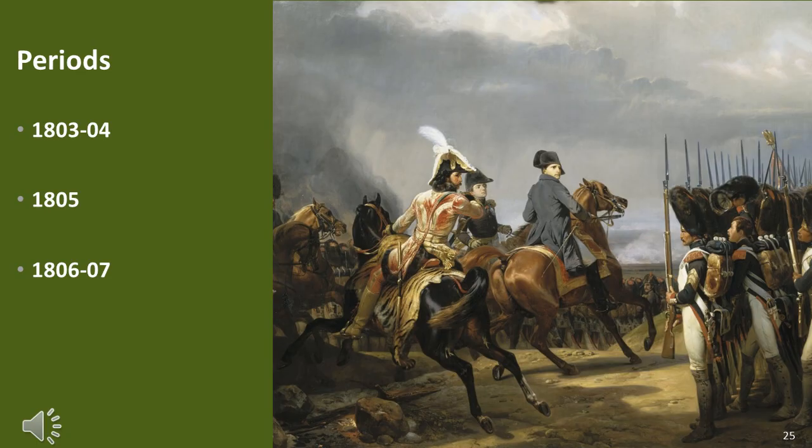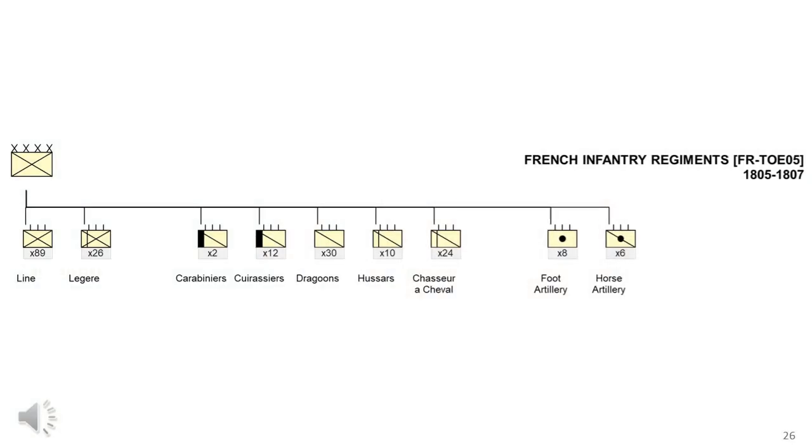This never occurred, but while he was there, he instigated a number of reforms and reorganisations. The result was the army which won most of Napoleon's greatest victories up to 1812 had its birthplace in this particular deployment. This shows the French regular army in 1805, excluding the Guards.